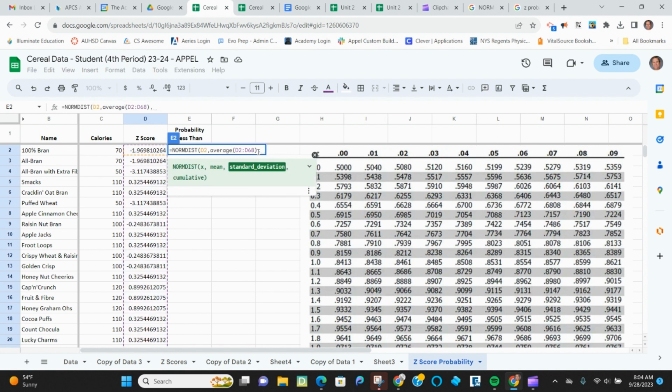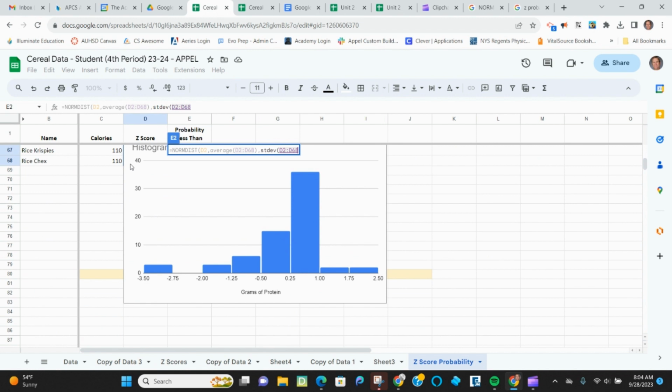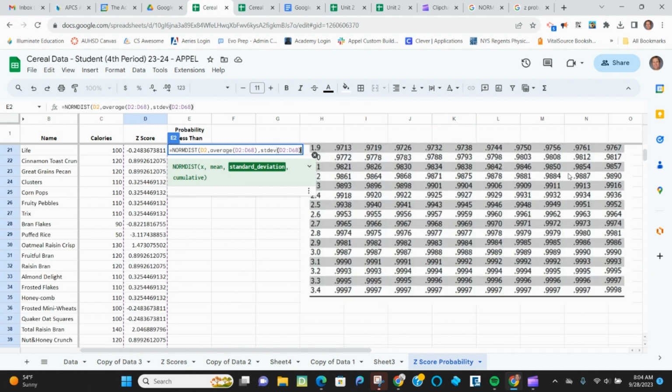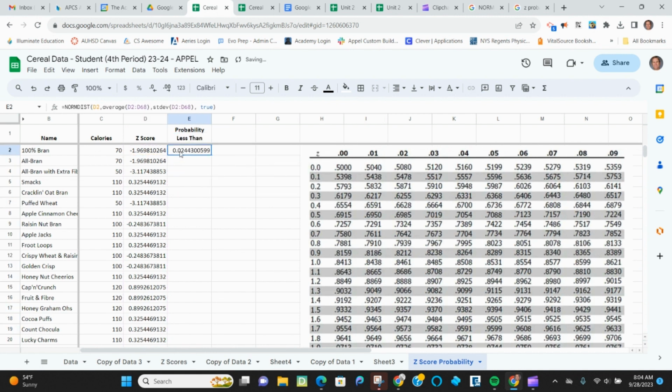And then I need to know the standard deviation of, again, the same set of data. I might have to move that graph out of the way. And then this last one is whether it's cumulative or not. We are going to say that that's true, and you just have to trust me that that's the setup that we need. So I get this value.